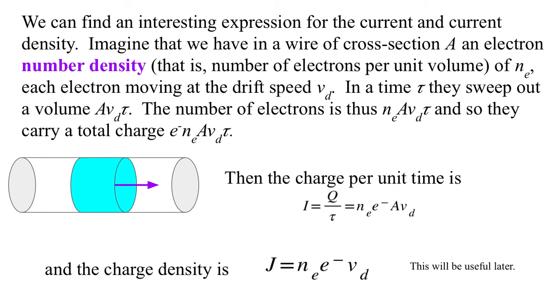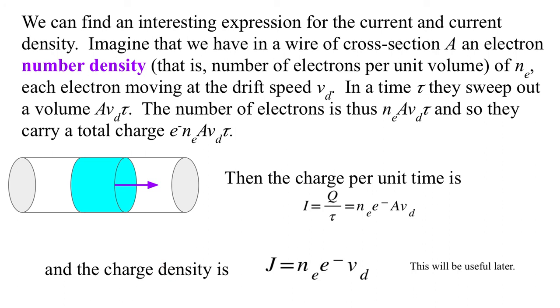The number of electrons, then, is the number density times that volume. And they carry total charge, which is one electron charge times the number of electrons, which is the number density times the area times the drift velocity times tau. And then the charge per unit time, of course, is just Q over tau, which is n_e times e times A times v_d.